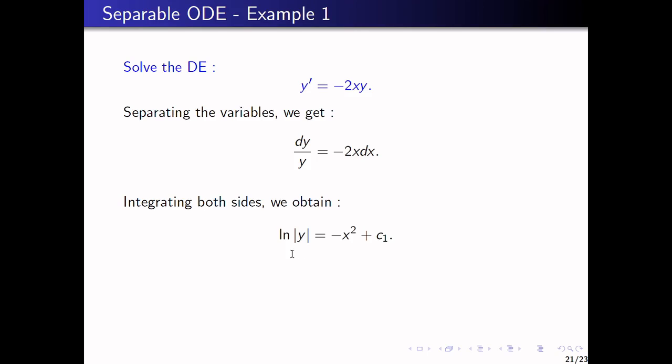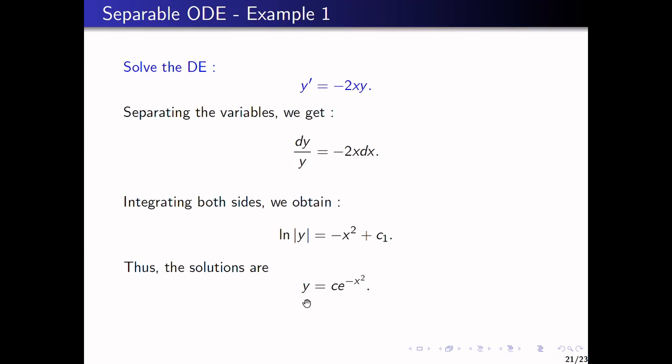Now here, since this is in terms of logarithm, if we want to remove the logarithm, we have to write mod y is equal to e raised to whatever is there on the right hand side, e raised to minus x square plus c1, which you can write as another constant c times e raised to minus x square.